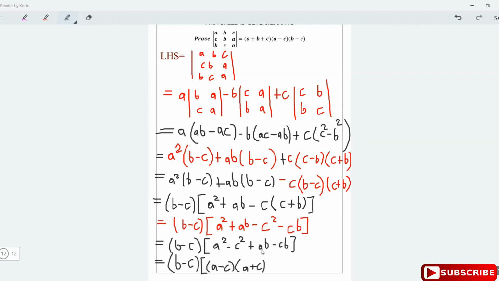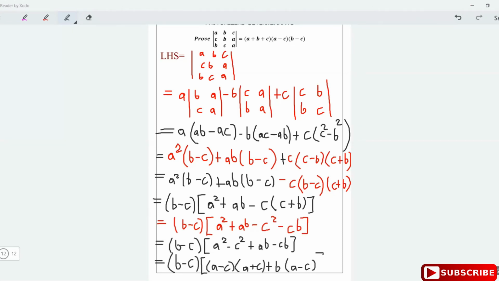And then out of ab minus cb, I can factor out b. When I factor out b from it, I am left back with a minus c.